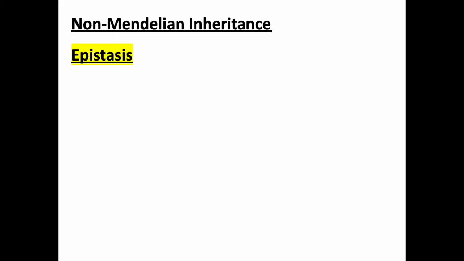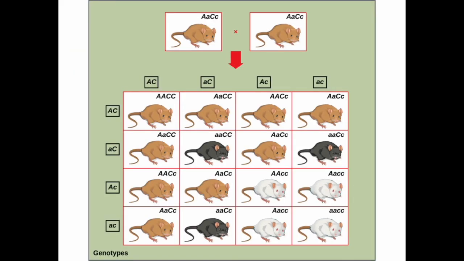The key terms define this as an antagonistic interaction between genes such that one gene masks or interferes with the expression of another. We see this here with the pigment production gene, the C gene, masking the effects or interfering with the effects of this first gene, the black or agouti pigment.